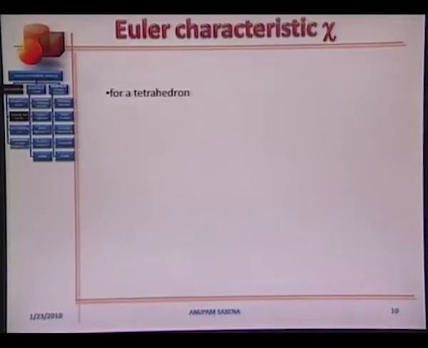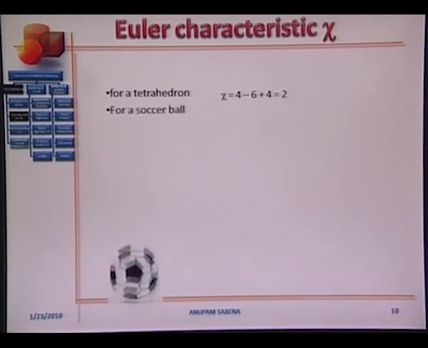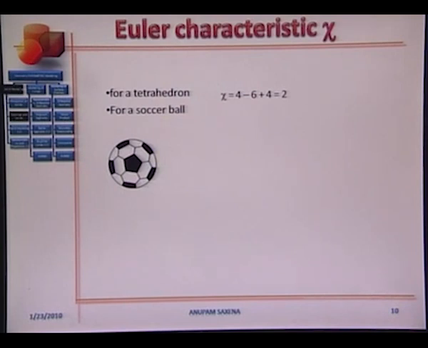For a tetrahedron, the number of vertices are 4, the number of edges are 6, and the number of faces are 4. Chi is 2 for a tetrahedral solid as well. For a soccer ball, for this one in particular, the number of vertices is 60, the number of edges is 90, and the number of faces is 32.